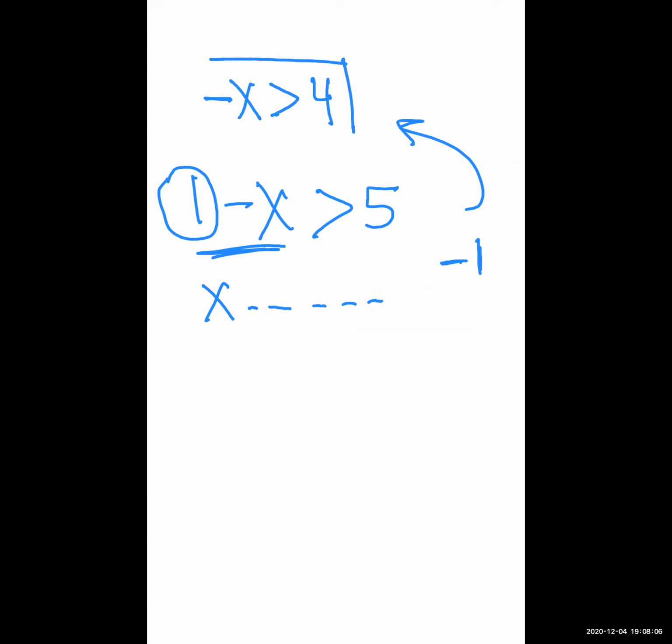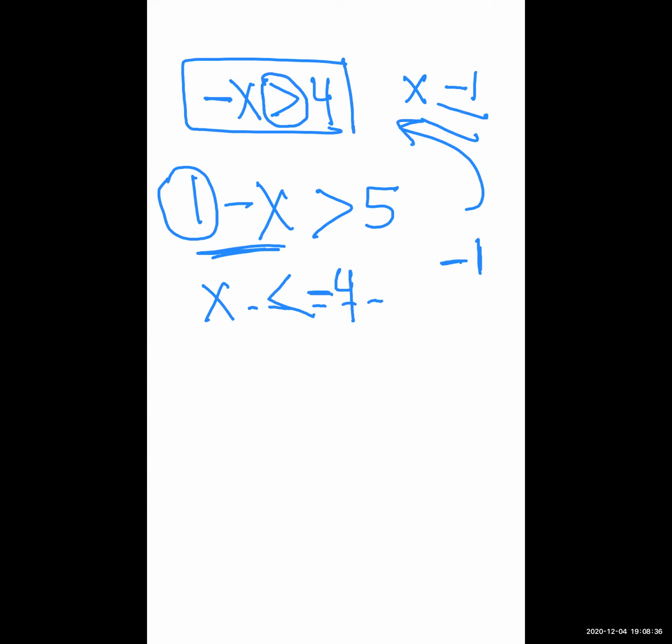Now multiply this by negative 1, or divide by negative 1, so that we get x, not negative x. So x is smaller than negative 4. Okay, clear? Yeah, clear. I just change the symbol because I multiply or divide by a negative number.